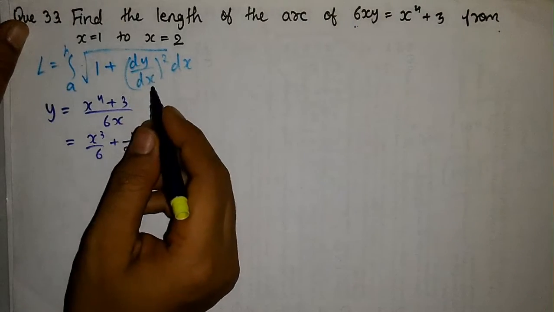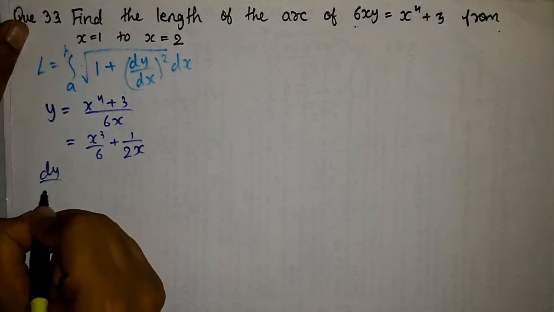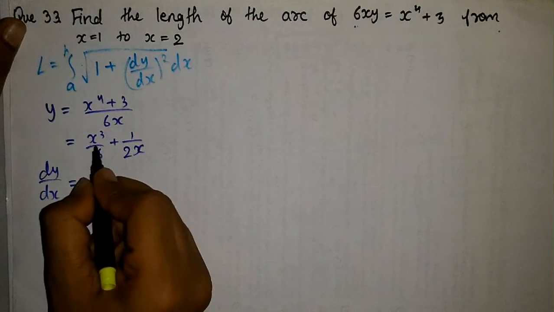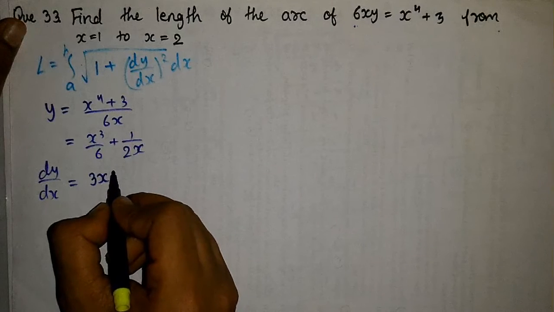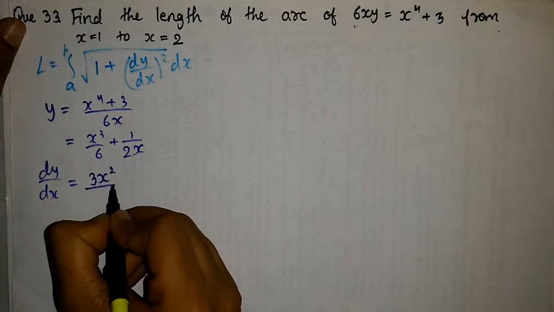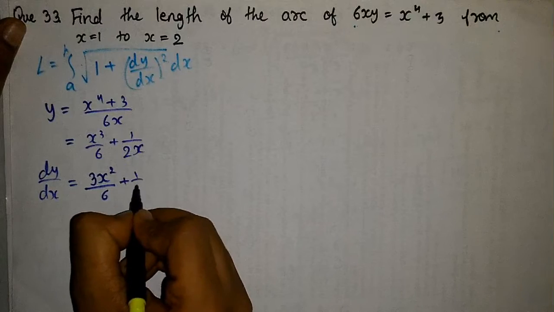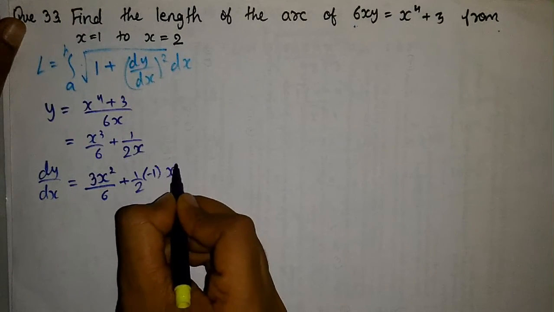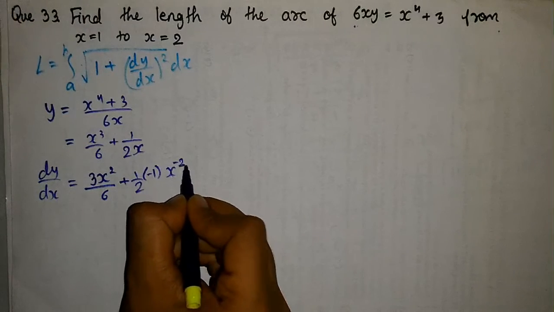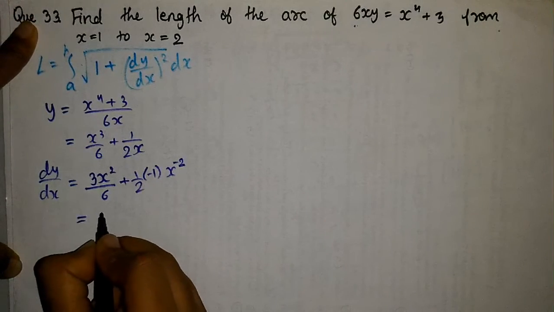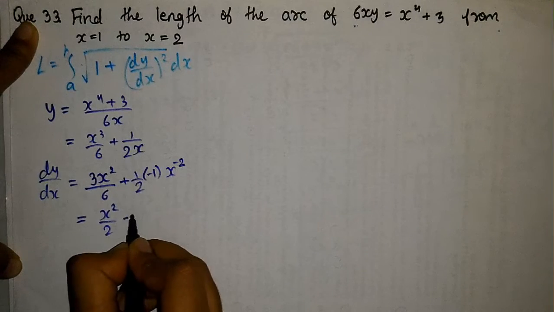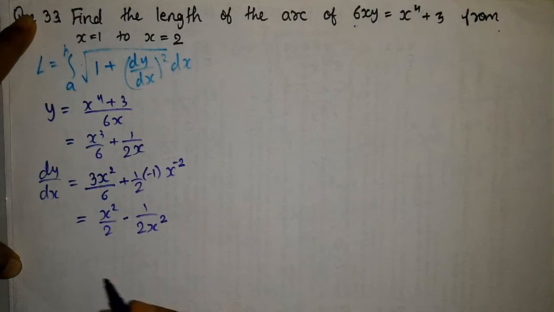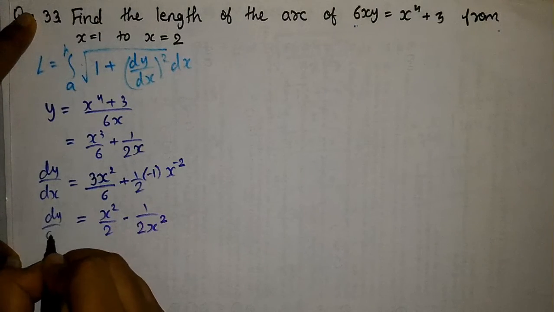Now we have to find dy/dx. The derivative of x^3/6 is 3x^2/6, and for the second term, x raised to minus 1, the minus 1 comes ahead into x raised to minus 1 minus 1, so x raised to minus 2. So dy/dx = x^2/2 - 1/(2x^2).